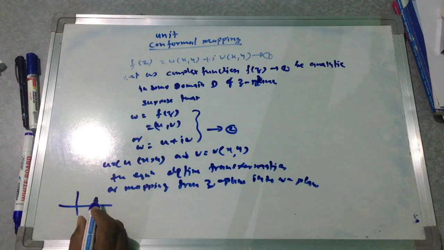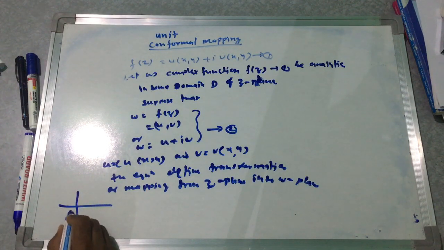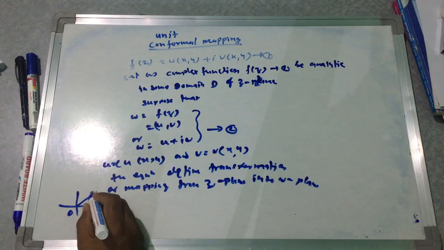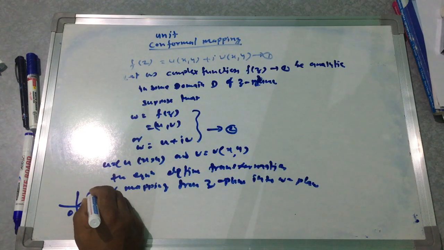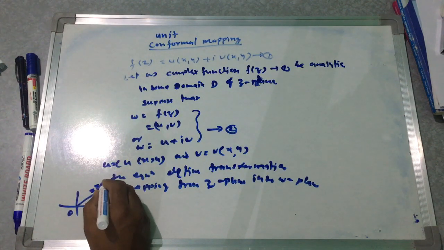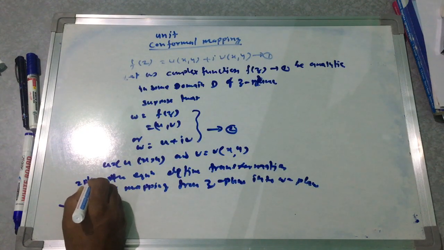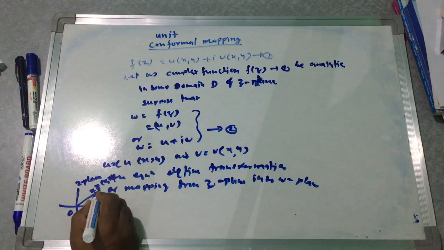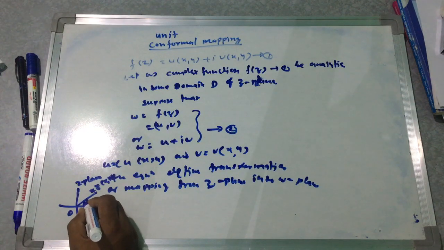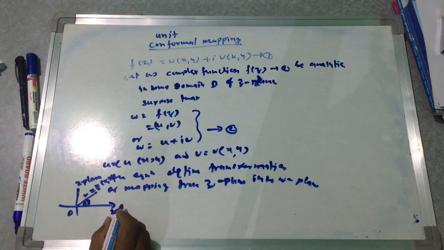Yes, this is the axis, this is the origin, this is the point. Suppose a line is drawn up to this point, this z is equal to x y, and this is the z plane. The angle made is theta. This is r, this is theta, this is the x axis.